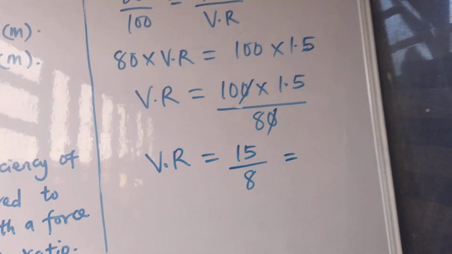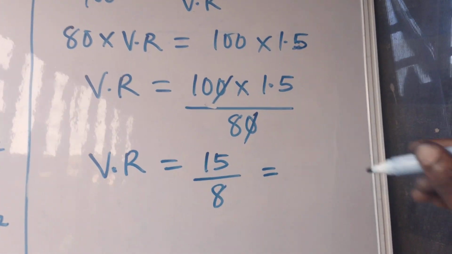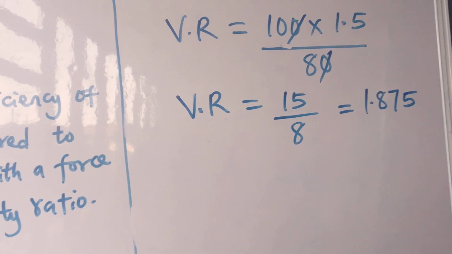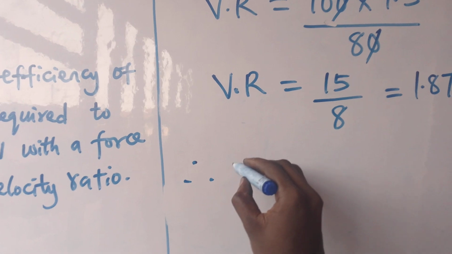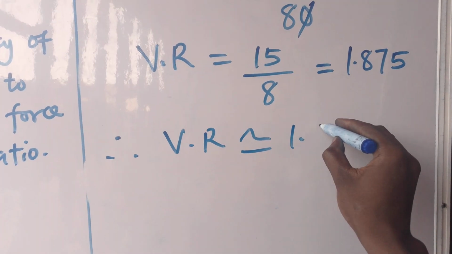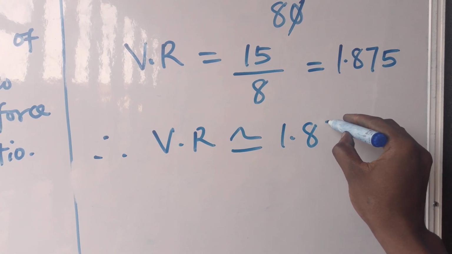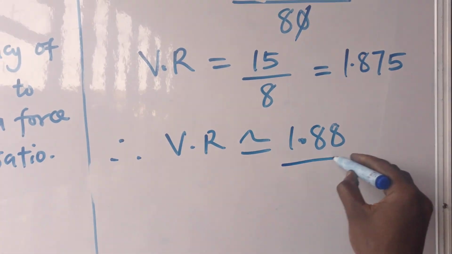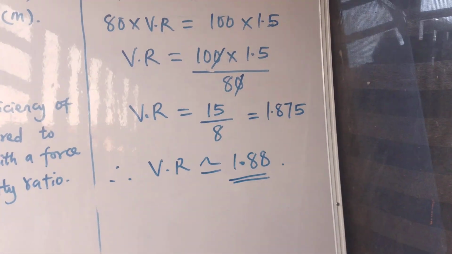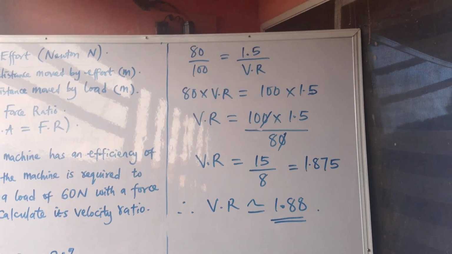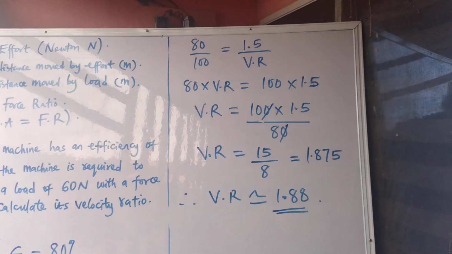That will give me 1.875. So I can approximate it: therefore my velocity ratio is approximately 1.88 to 2 decimal places, since I approximate 5 to 7. So the velocity ratio is 1.88. That's the solution to that question.